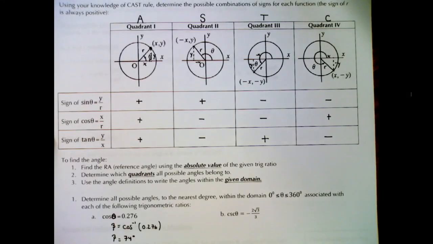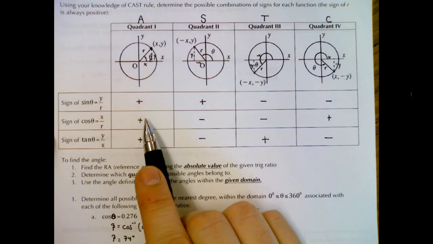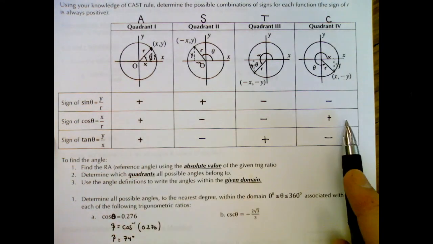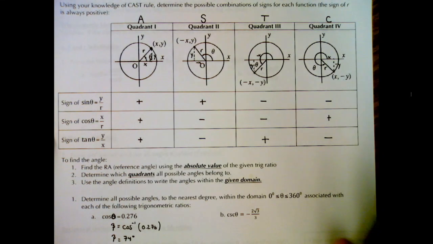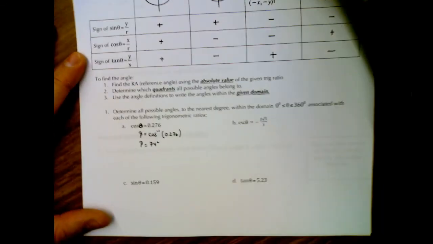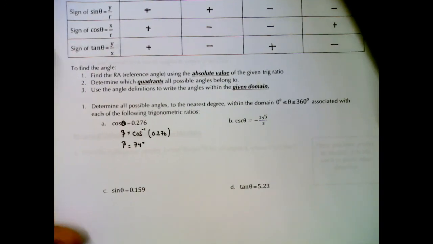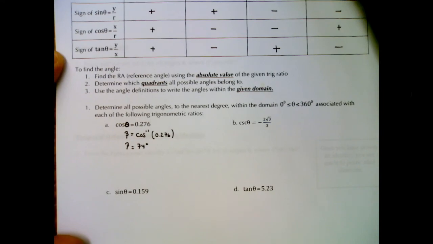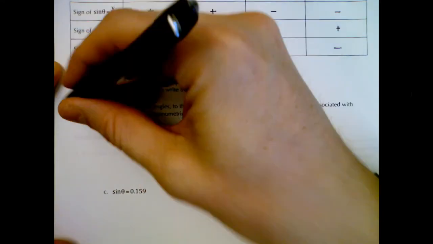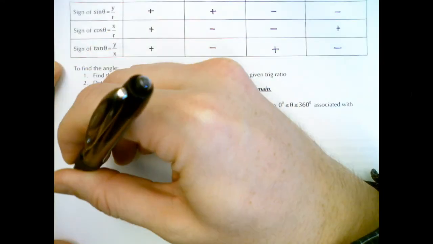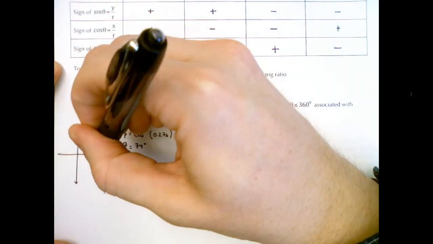So let's go look at our graph. Cosine gives us a positive ratio in quadrant 1 and quadrant 4 because of the CAST rule. Now, you're not going to have that big table when you do one of these questions, but what you will have is a Cartesian plane that looks like this. And if it's not given to you, you'll draw it.